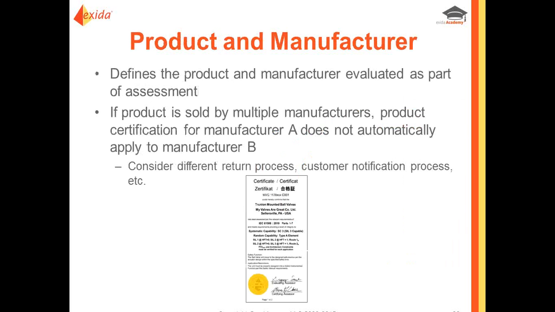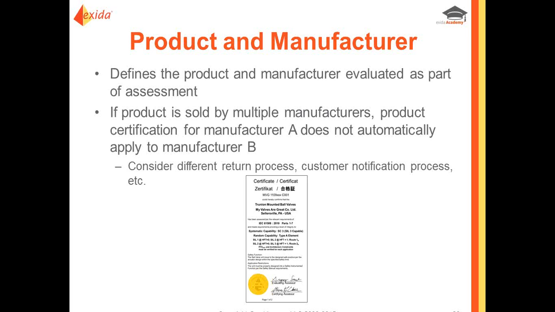Next, you have the product and manufacturer. This is important because this defines the product and manufacturer of what exactly was evaluated in the assessment. This comes into play when there are multiple products sold by multiple manufacturers. If this product certification is for manufacturer A, that doesn't automatically mean manufacturer B is certified.